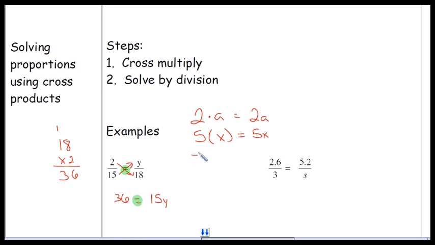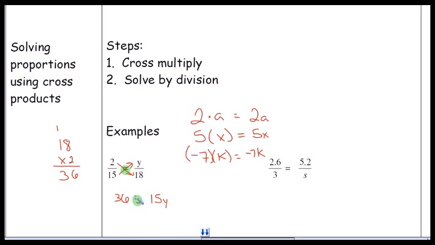If I have negative 7 times, I don't know, k, then the answer is negative 7k. It's just the same number with the same letter. Okay, notice that I wrote down my multiplication in different ways right here, so you can get used to that. So that's just extra practice, so hopefully you wrote this down somewhere in your notes.